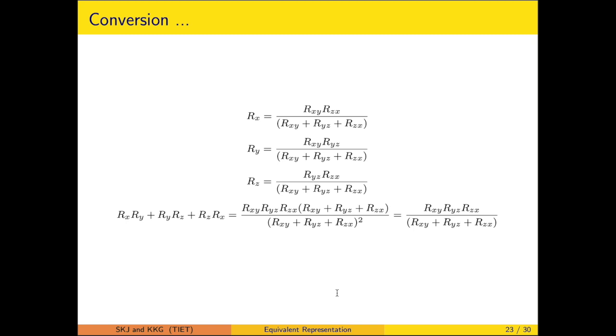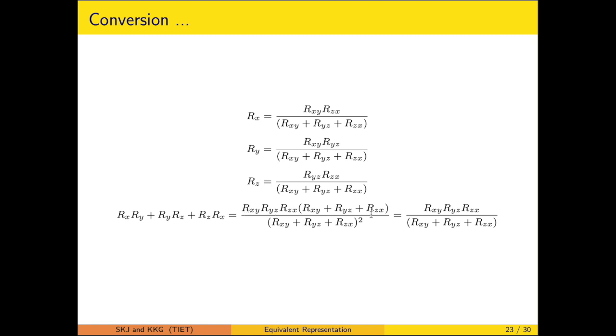Now we have calculated Rx, Ry, Rz. Our intention now is to express the delta resistances Rxy, Ryz, Rzx in terms of the star resistances. So these are the three equations. You take two at a time and multiply all combinations: Rx Ry, Ry Rz, Rz Rx. That results on the left hand side.